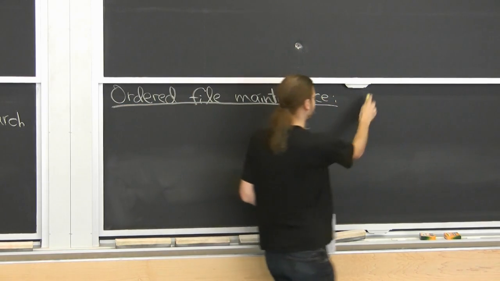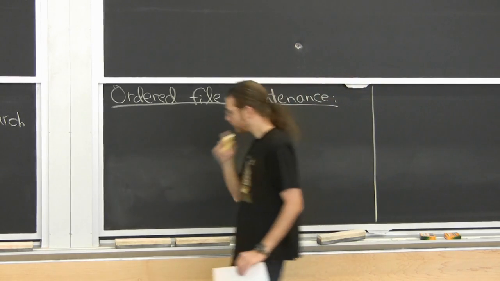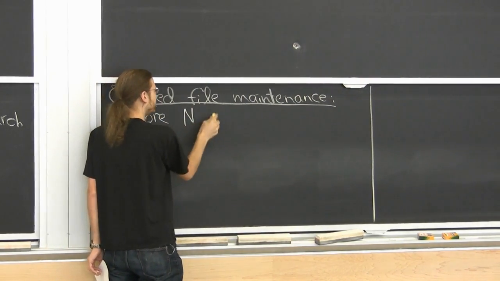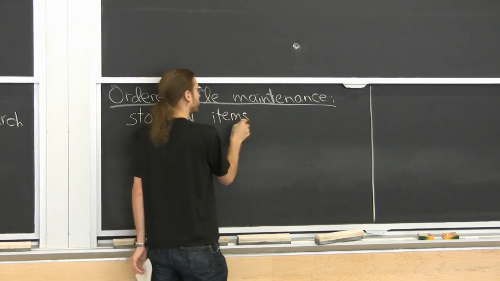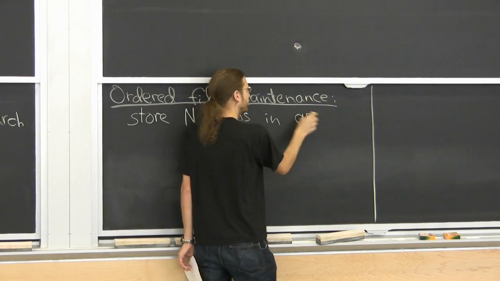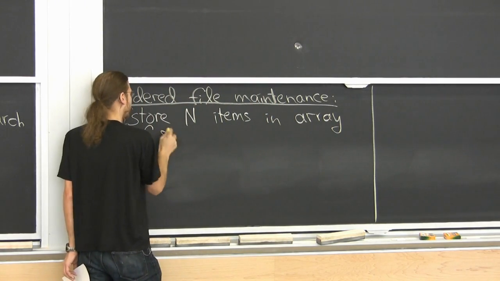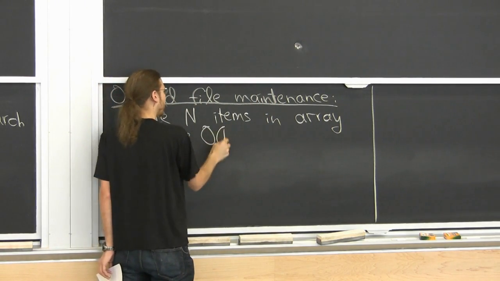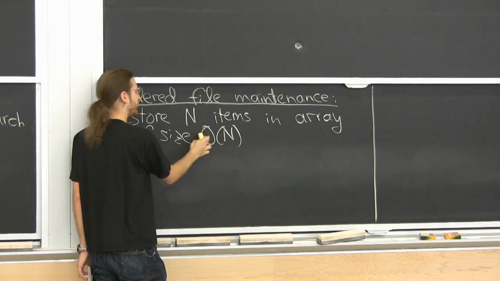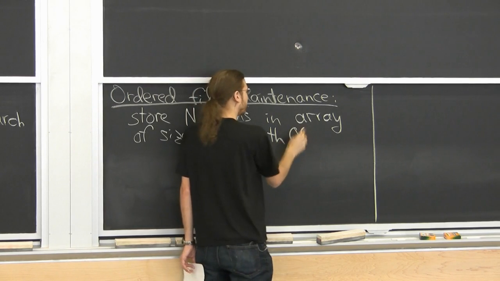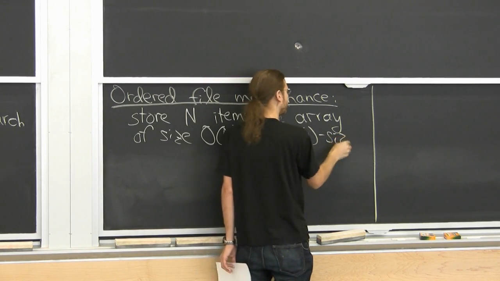So let me first remind you of the problem. We want to store n items in a file, which you can think of as an array of size order n, where the constant is bigger than 1, with constant-size gaps.